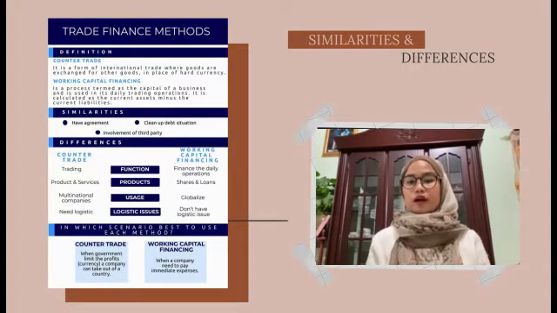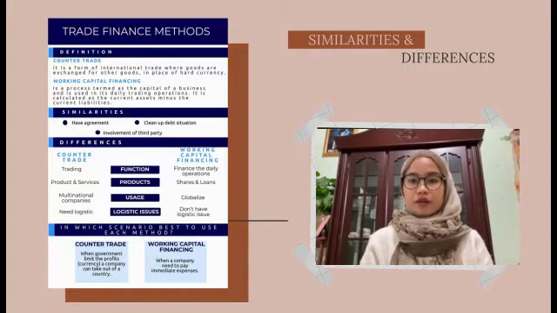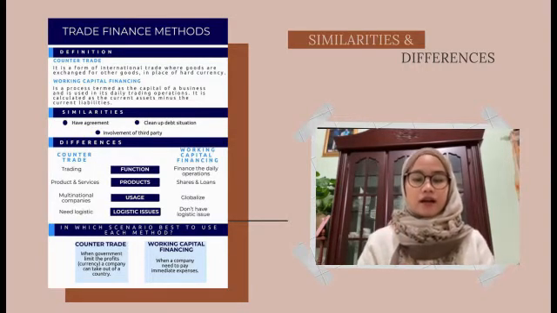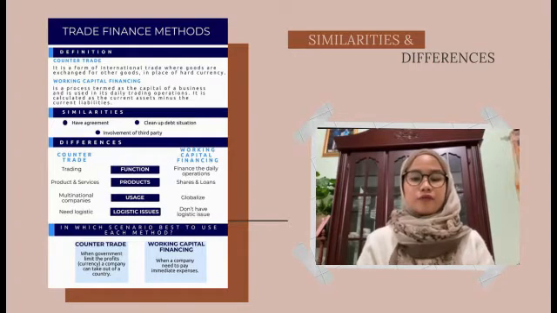Differences between counter trade and working capital financing. The first difference is function. The function of counter trade is for trading, and the function of working capital financing is to finance the daily operation. The second difference is product. The products of counter trade are products and services. The products for working capital financing are shares and loans.